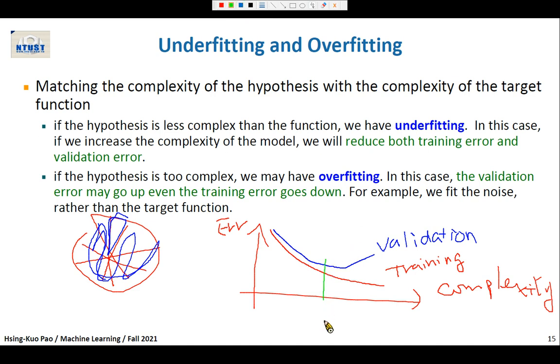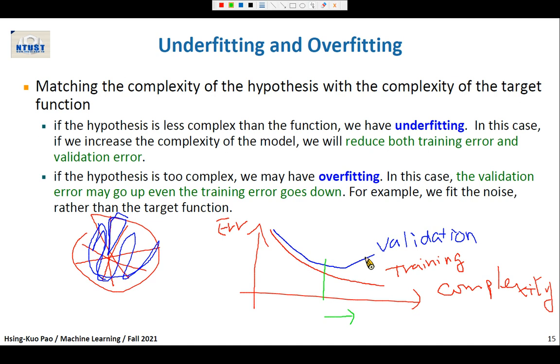So overfitting is this direction. Here is overfitting, meaning that after these data points, we enjoy smaller and smaller training error, but the validation error goes up.